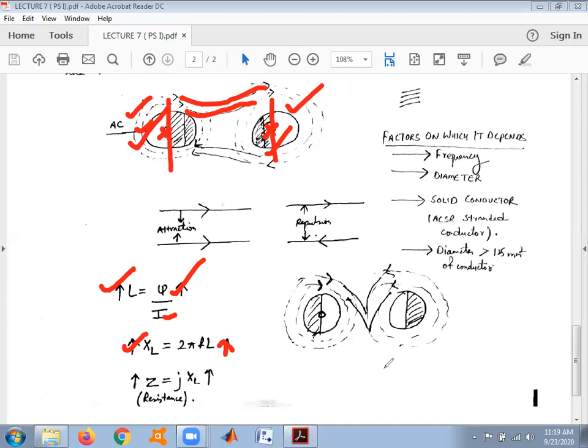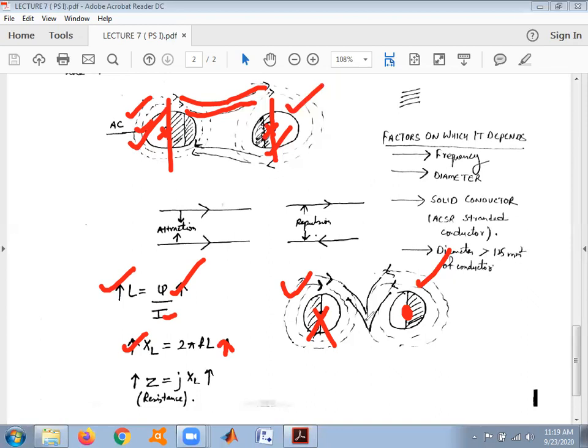In the second figure, we are assuming that current is flowing in the opposite direction. Let us assume that current is flowing in the inward direction, represented by x, and in this conductor current is flowing in the outward direction. Whenever alternating current flows through a conductor, alternating flux gets induced around it. The direction of the alternating flux is determined by Fleming's left hand thumb rule.